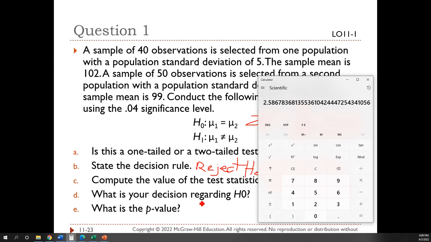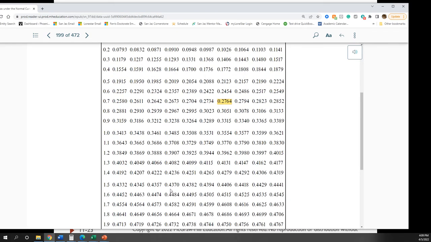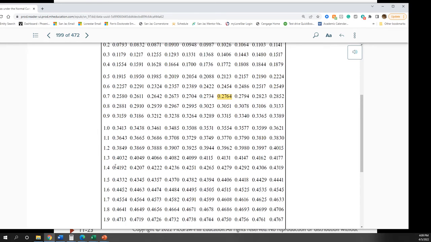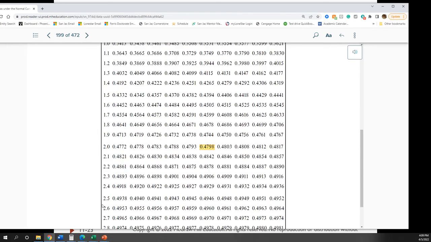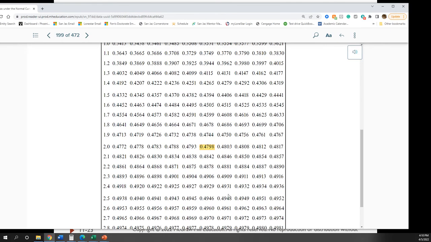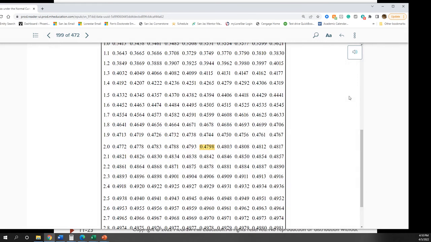And we're going to find the p-value, taking now our new one, go and find the z table, 2.58 or 59, close enough. So 2 right here, 2.59, which would be 0.4952.